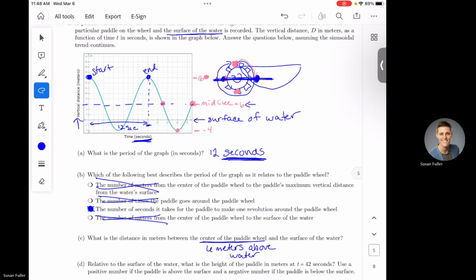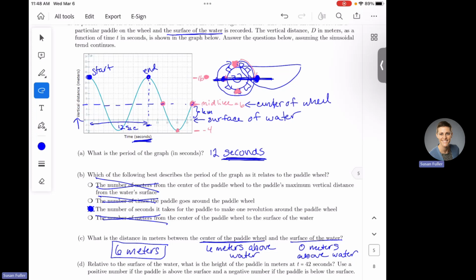And the surface of the water is at y equals 0. It's when we're 0 meters above the water. So what's the distance between 6 meters above the water and 0 meters above the water? The answer is it's 6 meters, right? This distance here, this 6 meters, is the distance between the center of the paddle wheel and the surface of the water. It's 6 meters. Hopefully that makes sense.